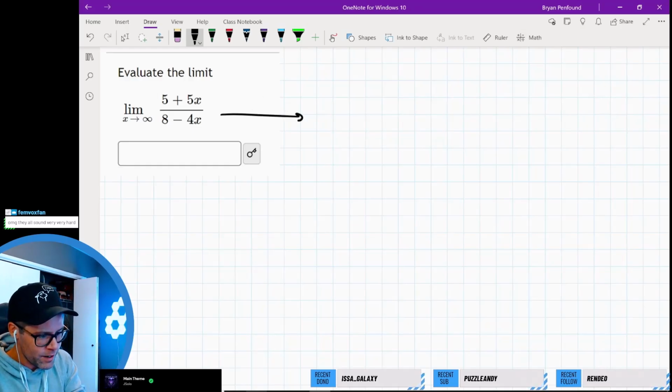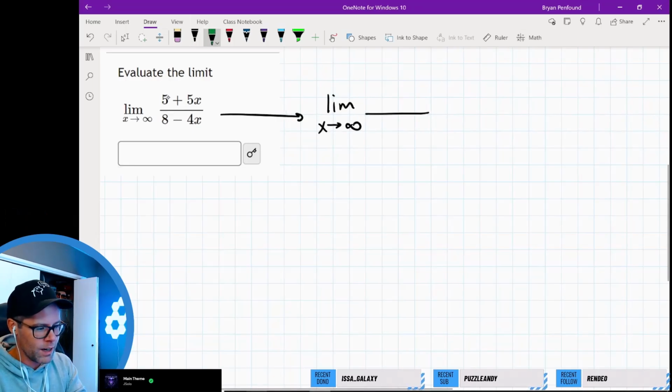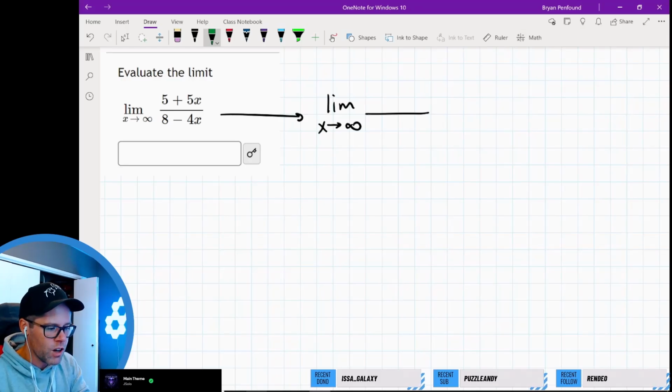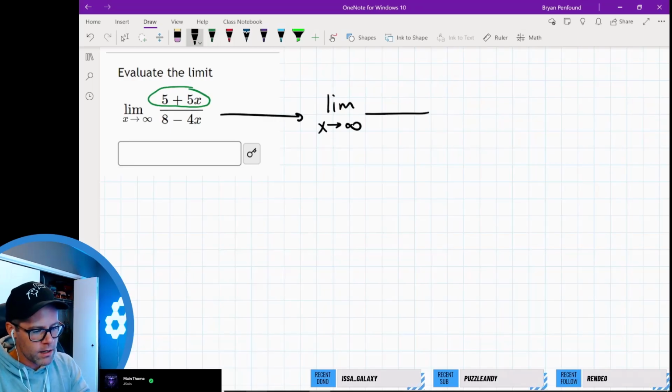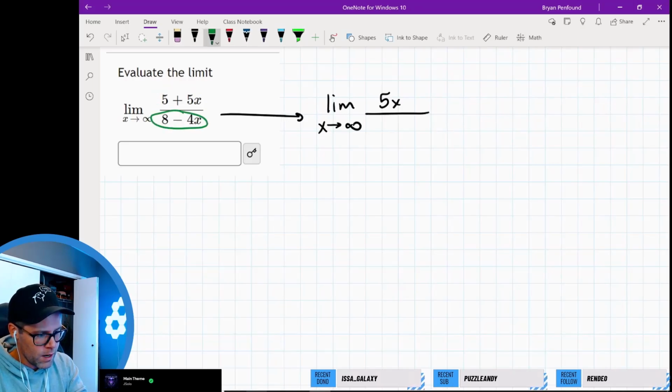So the idea here is really we just want to look at the limit of what I would call the dominating terms, is usually what I call it. So if I look at the numerator, I look at the highest power of x in the numerator. In this case, it's 5x. I look at the highest power of x in the denominator as well. In this case, it's minus 4x.